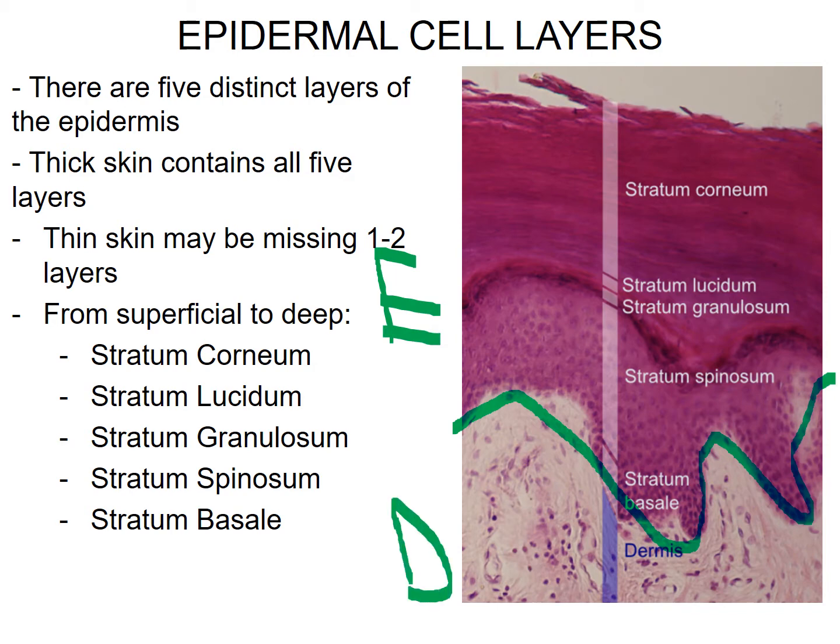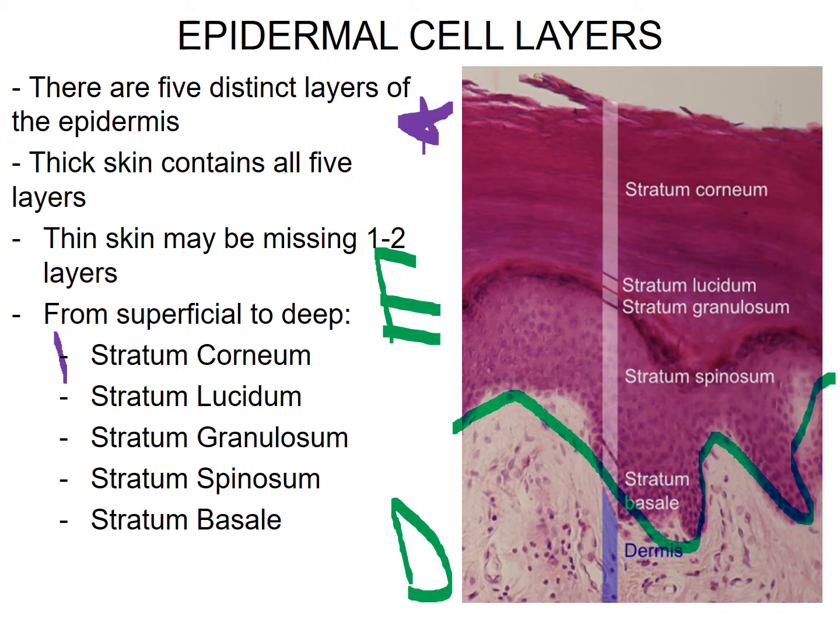So in the epidermis, we have 4 to 5 layers. It depends on what type of skin we're talking about. If we're talking about thick skin with the palms of the hands and the bottom of the feet, we have all 5 stratums present. And you can see here we have the order. The stratum corneum is the very, very top, or most superficial.